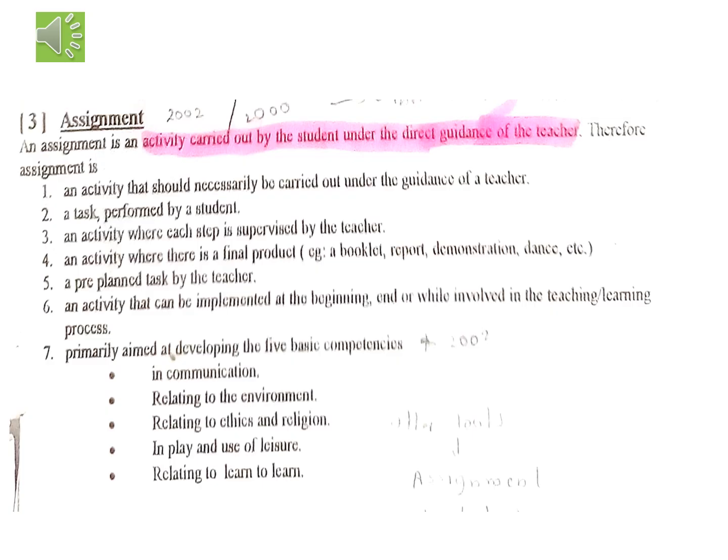Therefore, an assignment is an activity that should necessarily be carried out under the guidance of a teacher. So the teacher should be there and she should guide the students throughout the steps of the assignment, right? It's a task performed by the students or a student.